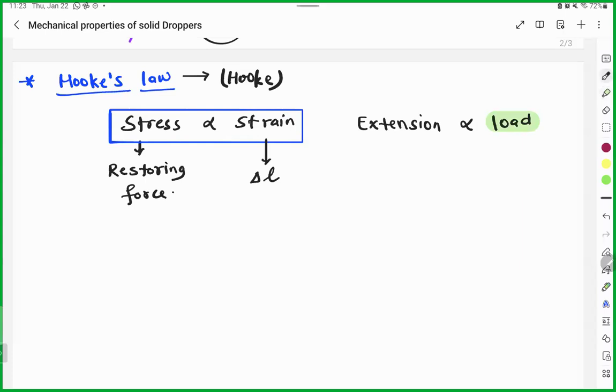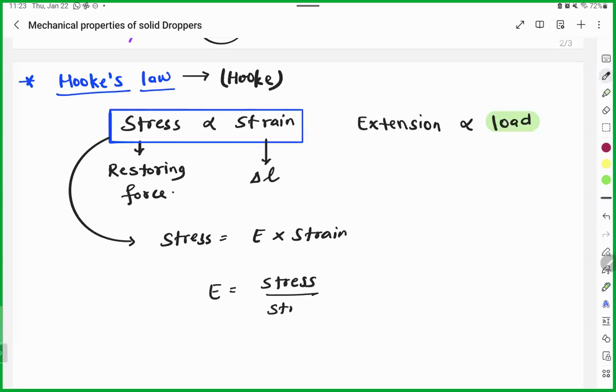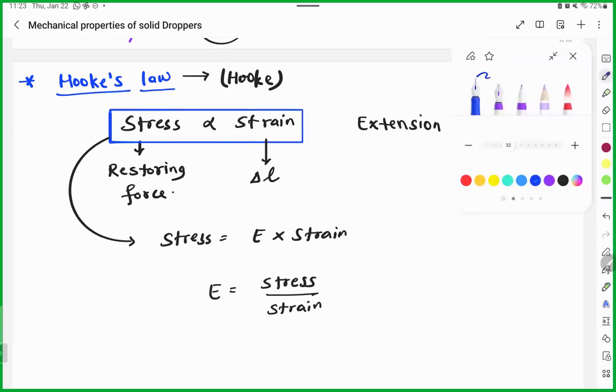And when you remove the proportionality sign, the proportionality constant will be E. So stress will be equal to E into strain. So if you want to calculate the E value, it will be stress upon strain.